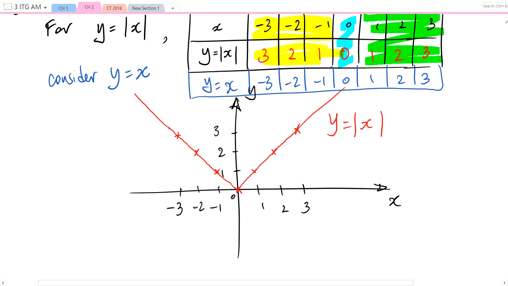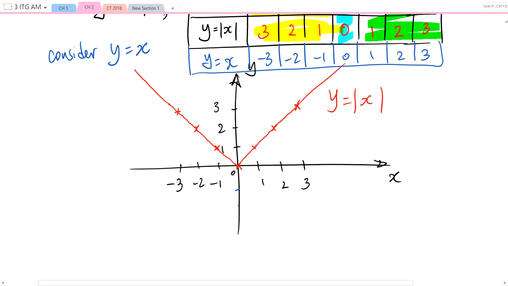Now by plotting the equation in blue, this is what I'll obtain. In addition to the same common points over here, I now have one point at (-1, -1), another point (-2, -2), another point (-3, -3). So my blue line looks like this.